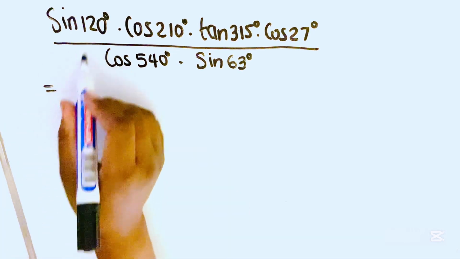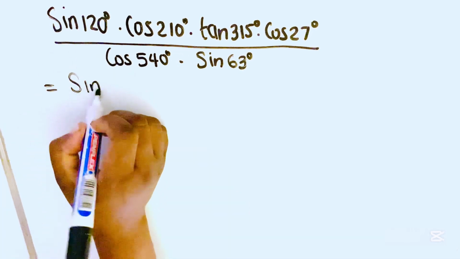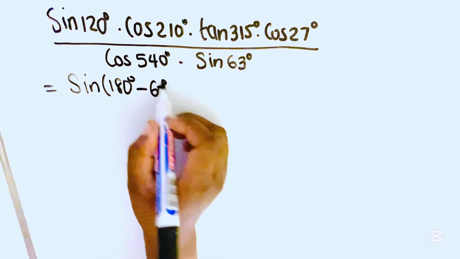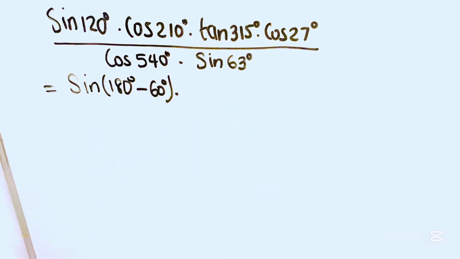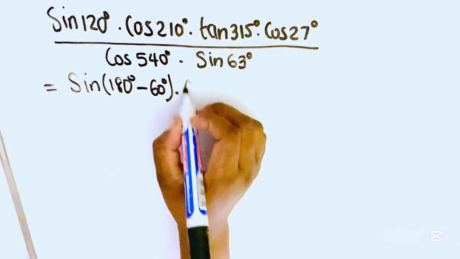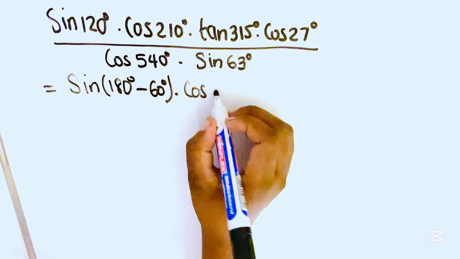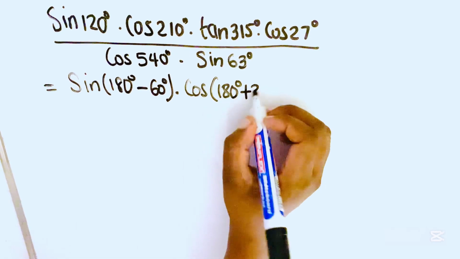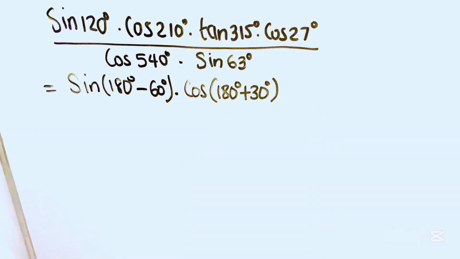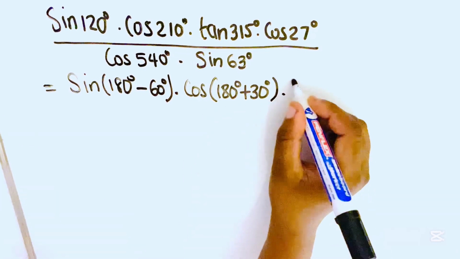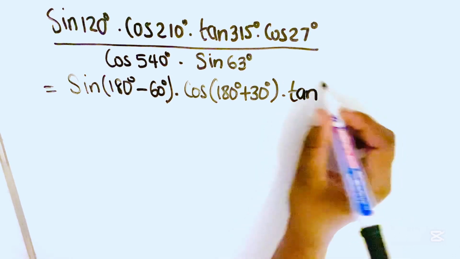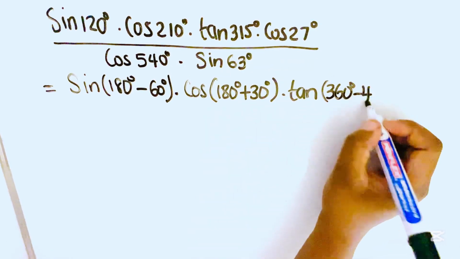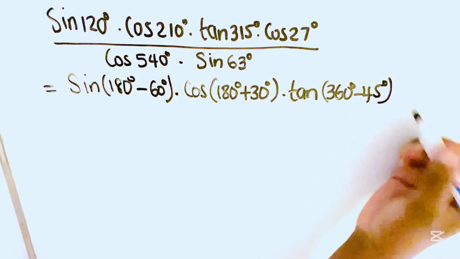The 120 is sine of 180 minus 60 degrees, multiplied by the cos of 210, which is 180 plus 30 degrees, multiplied by the tan of 315, which is 360 minus 45.